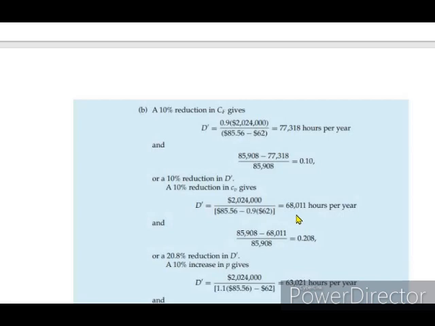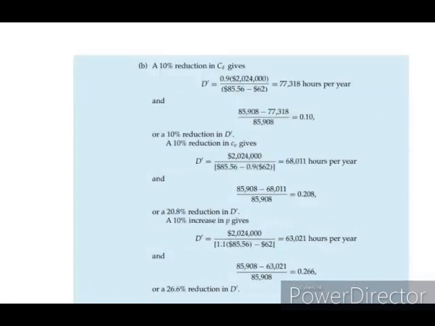We get 68,011 hours per year, and we just get the percentage of that from the break-even point of the total hours per year. It is 0.208, so a 20.8% reduction in D.